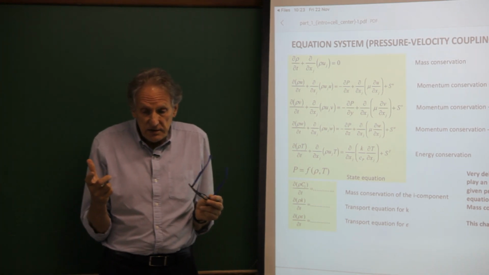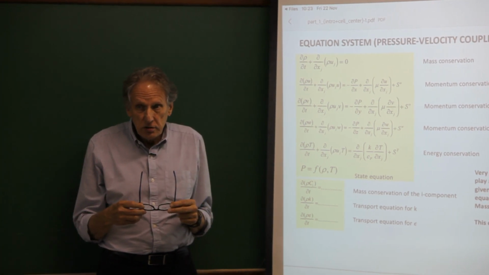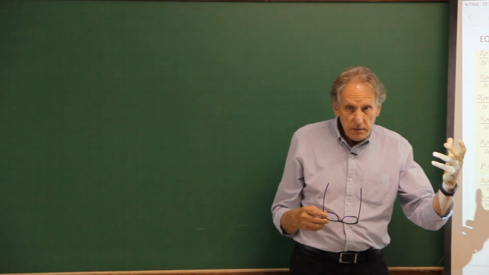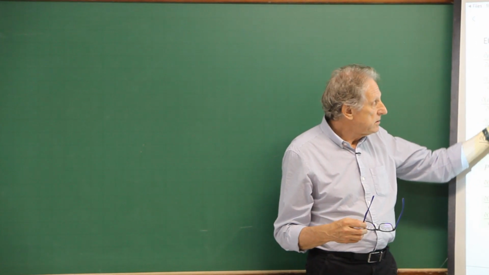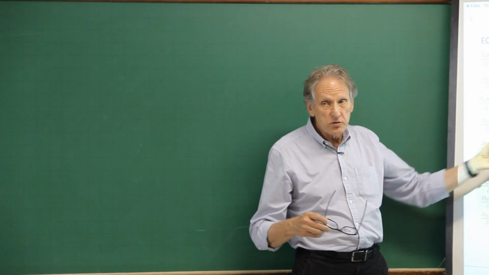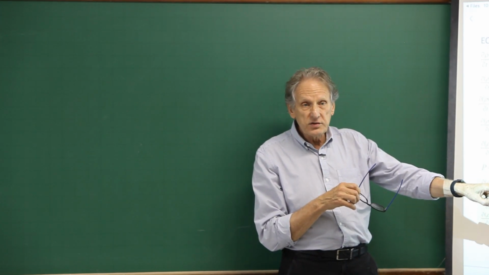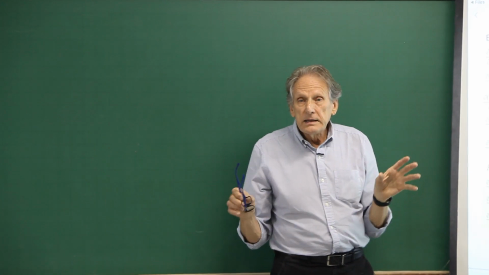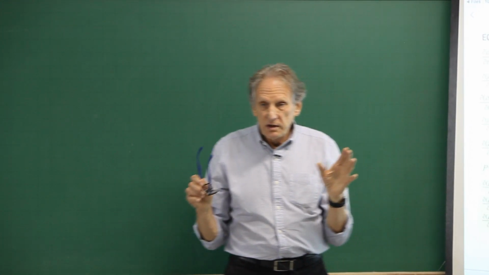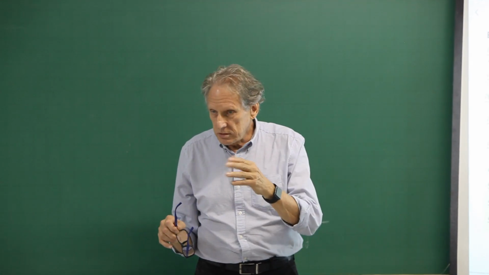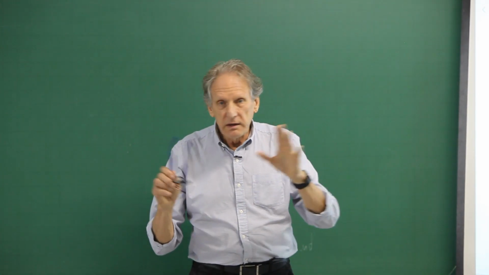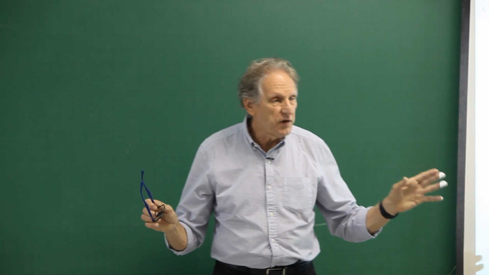If it doesn't satisfy, what you have to do is to choose another pressure gradient to introduce here to get another velocity, and then you check again in the mass conservation equation. If the mass conservation equation could talk to us, it would say it didn't satisfy.